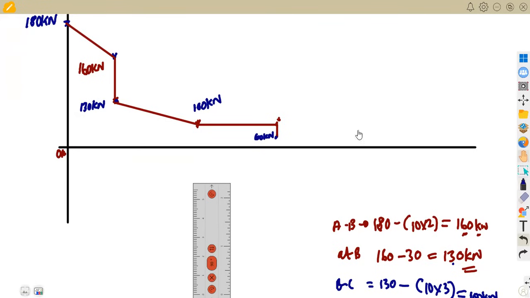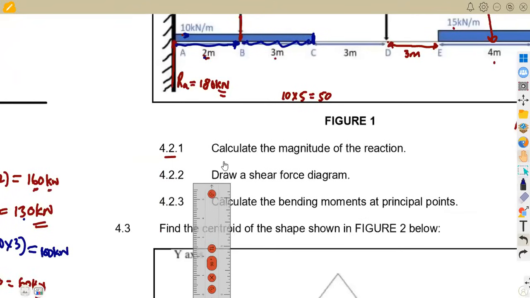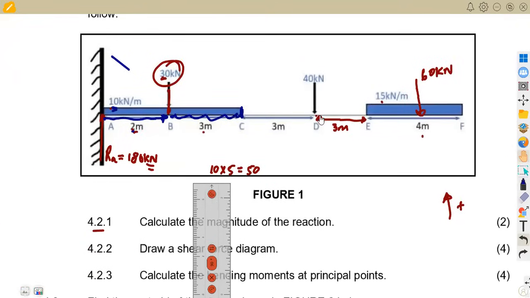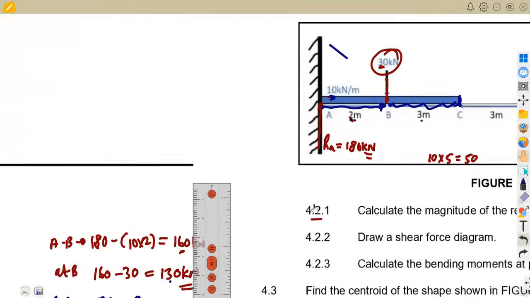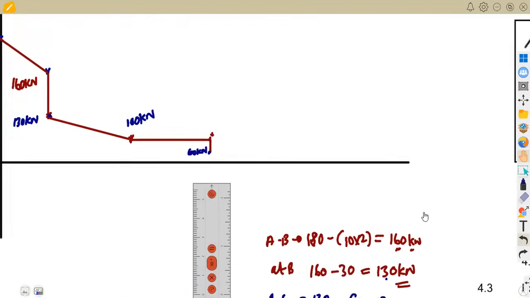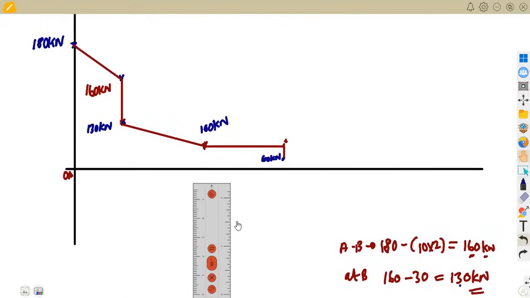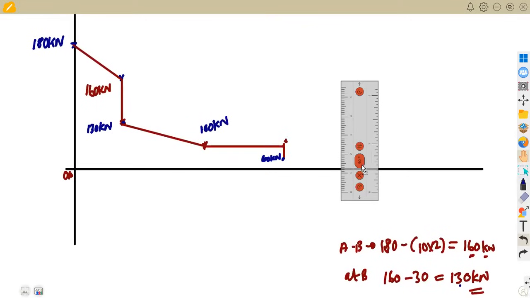All right, then from there, what's going to happen at 60 kilonewton? We are at D in this case. From D to E, we do not have anything, just a distance of 3 meters. Like I said, it was a mistake; we are not given that distance, but in the actual question, it was supposed to be 3. So there we do not have anything to consider.